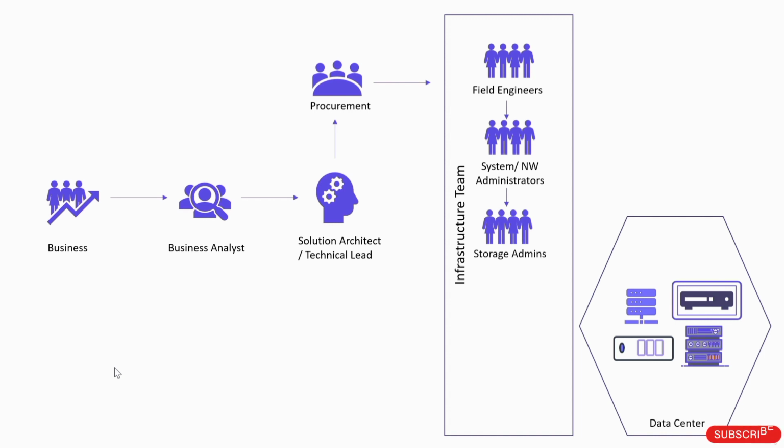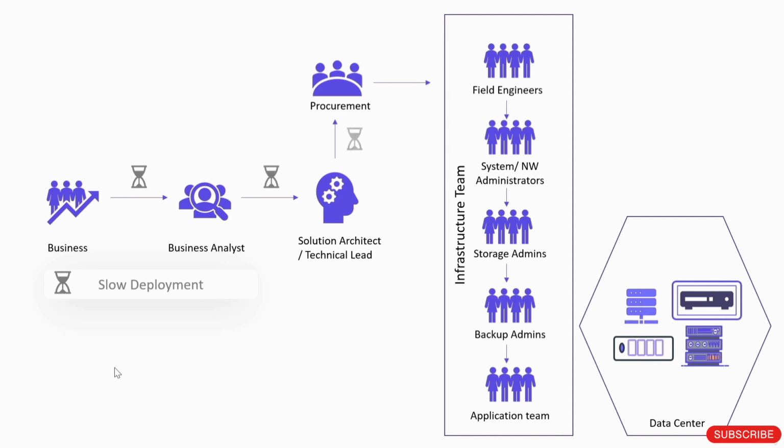Once received at the data center, the field engineers would be in charge of rack and stack of the equipment. The system administrators perform initial configurations and the network administrators make these systems available on the network. The storage administrator assigns storage to the servers, and the backup administrator configures backups.